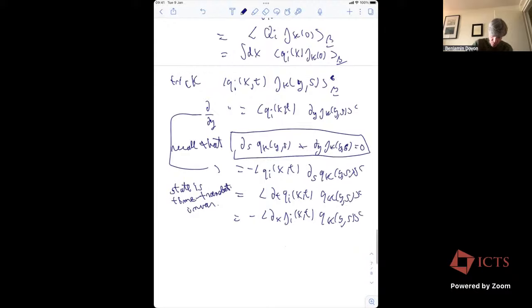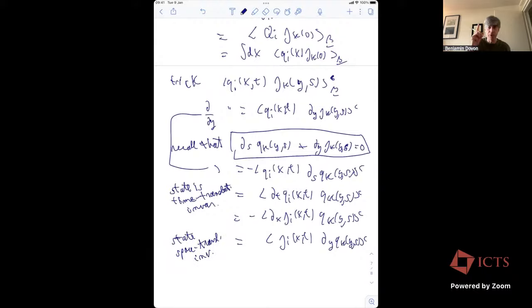Then again, I'm using the operator statement to have the conservation law. And then again, the state statement to bring the derivative to a y derivative. So again, the state is now space translation invariant.